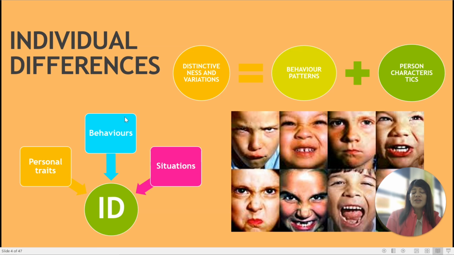These behaviors are actions which we act upon based on our own individual thoughts. And all of this is wrapped in an external or internal context which creates situations. Sometimes these situations are external, sometimes internal. But this is the reason why all of us are different from each other.